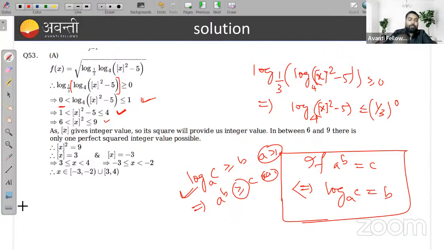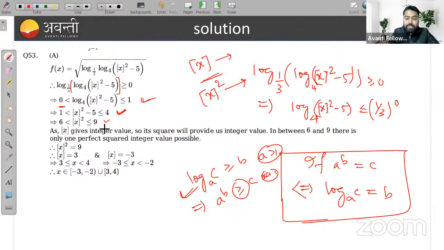Okay, so now you can understand we know box of x is always an integral value. It is always an integer. If it is an integer, then its square is also an integer.